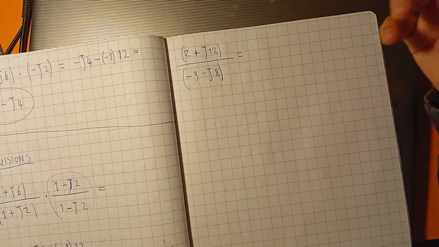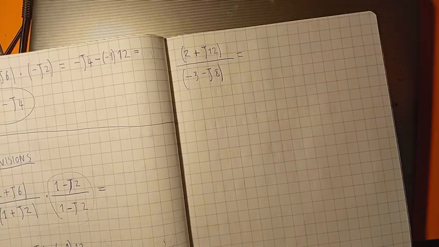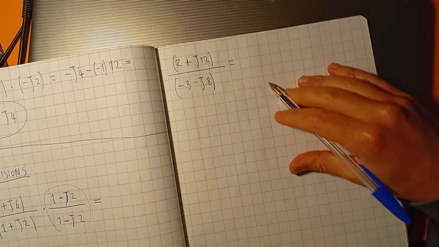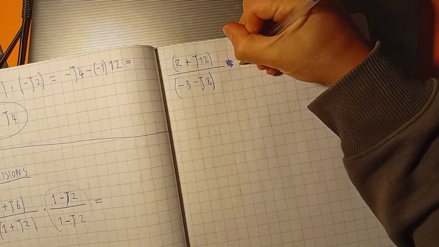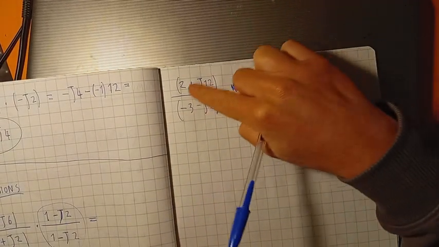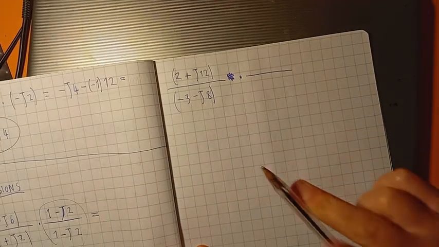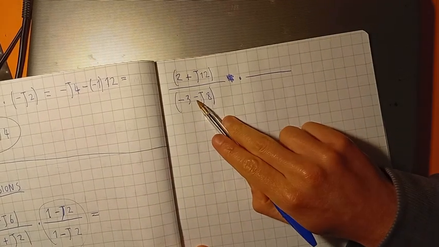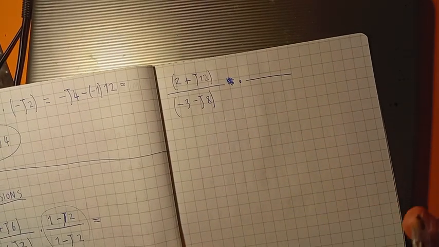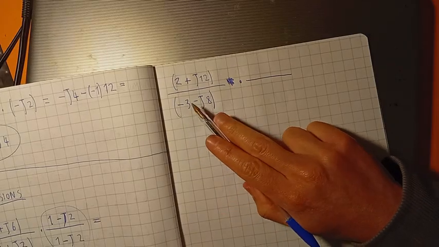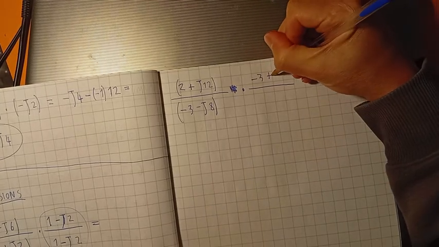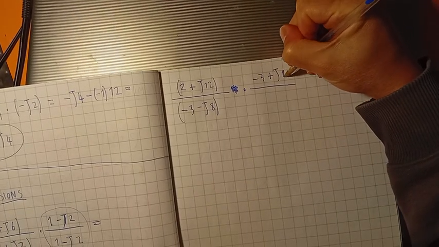Okay, I can't do it directly, so I have to use this strategy to do it anyway. I will multiply and divide this by this number, but I will change the sign close to the j. I will change just this sign. So I'll multiply by minus 3 plus j8.